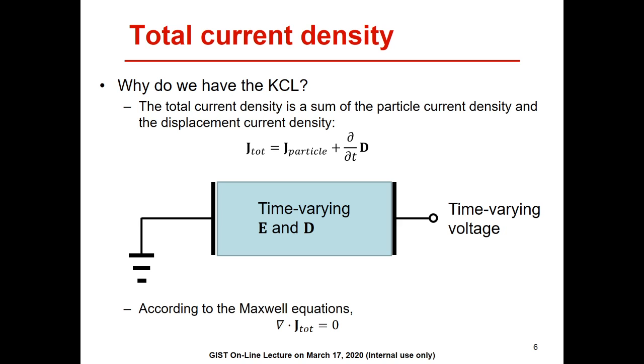The particle current density is related with the motion of electrons and holes. On the other hand, the displacement current density is related with a time-varying electric field. According to the Maxwell equations, the divergence of the total current density should vanish.